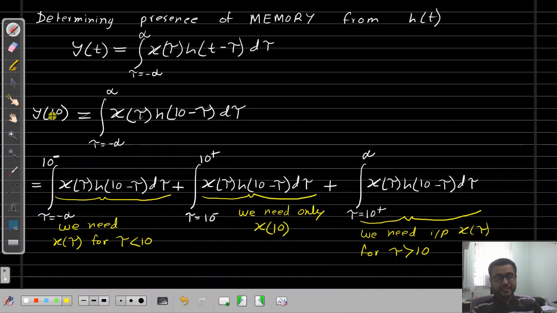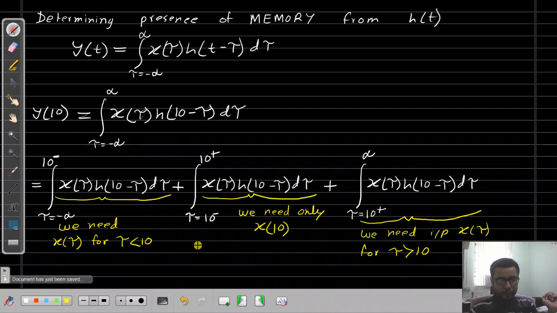So if the system is memoryless, then the output should depend only on the present input. It should depend only on x of 10. Therefore, for a memoryless system, only this part of the integration should survive and these two somehow should be 0.